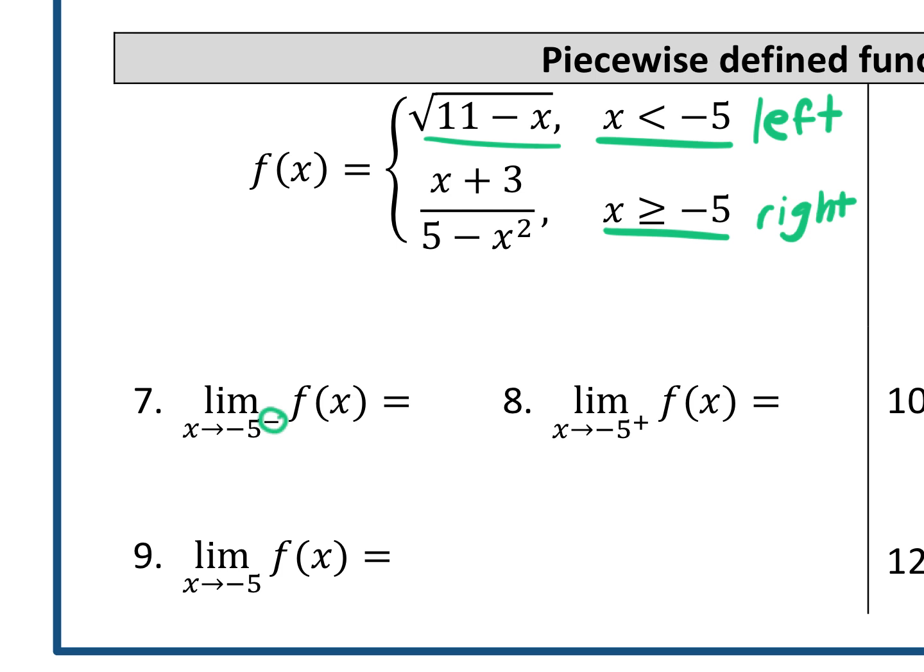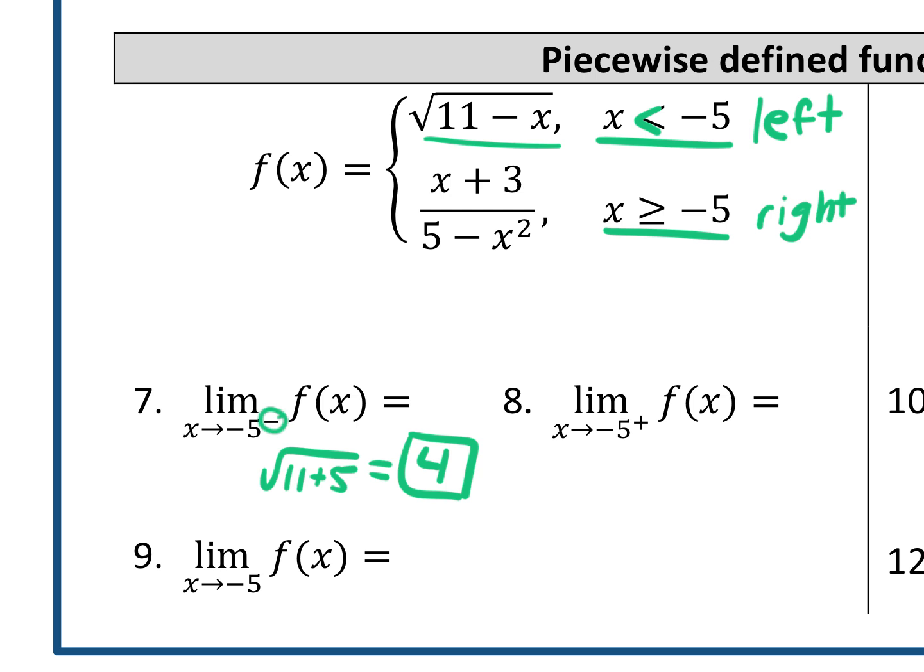Even though this is a less than or equals, just like yesterday with the open circles, guys, you don't have to worry about the less than or equals. As long as it's approaching that value, that's all we care about. So let's just directly plug it in. We can use direct substitution. Minus negative 5 is going to be plus 5. So we get the square root of 16, which is 4. Pretty straightforward. Are we okay with that?